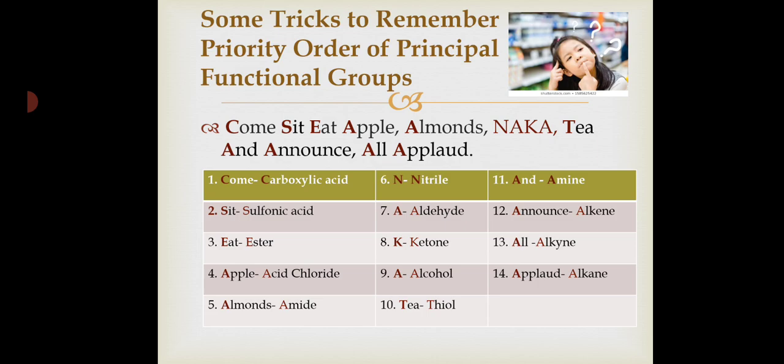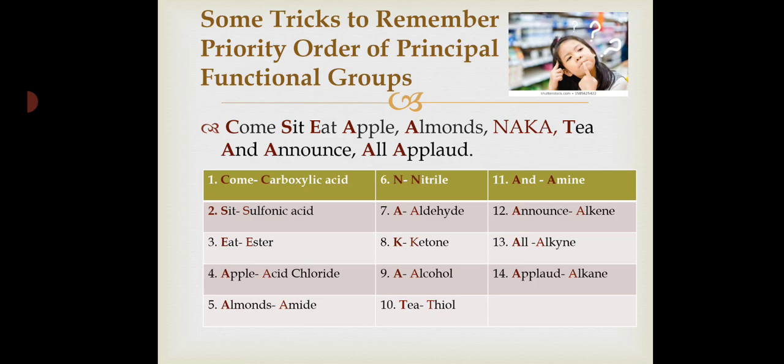Come, C is for carboxylic acid. Then the next preferential group, sit, S is for sulfonic acid. Eat for ester. Apples, A for acid chloride. Almonds, A for amide. Then coming to NaCa, N of NaCa is for nitrile.